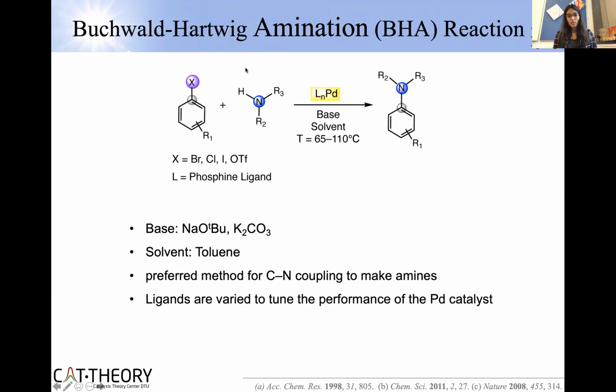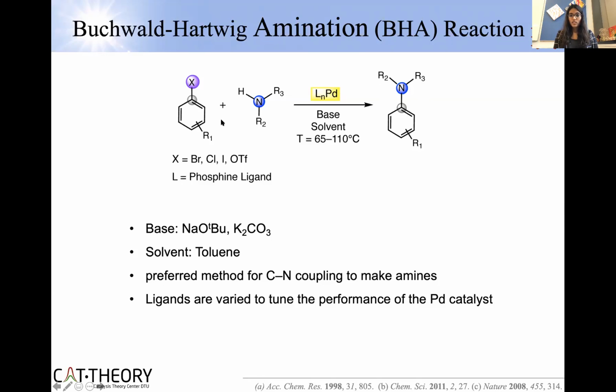And that combines with an amine group. In this case, you can see this nitrogen, and there are R2, R3, and then hydrogen. It can be a primary amine, a secondary amine, or it can also be ammonia. And you can see that eventually the product that's being formed has a carbon-nitrogen bond.